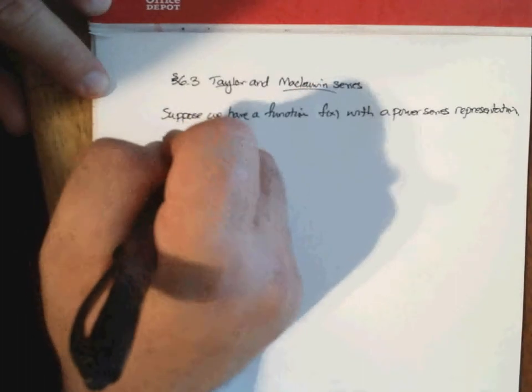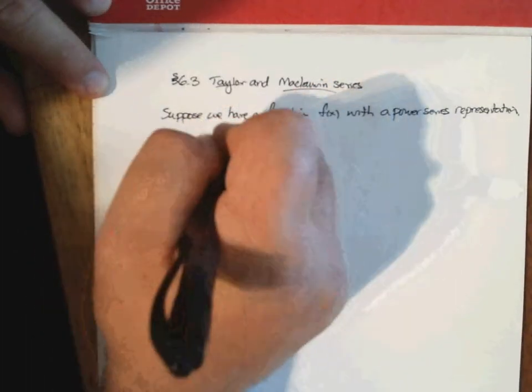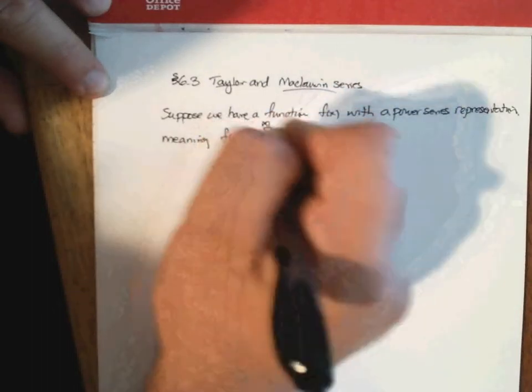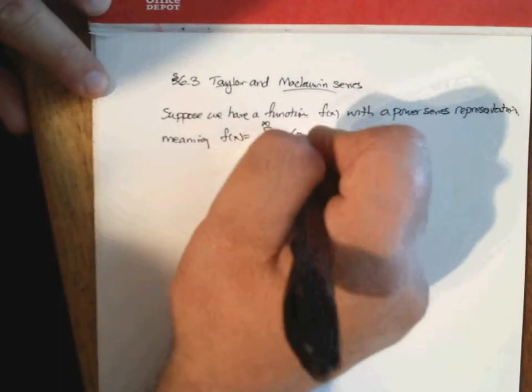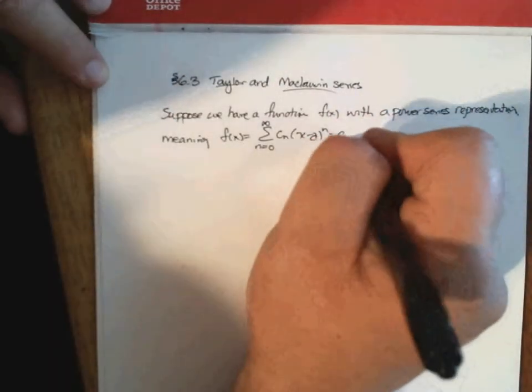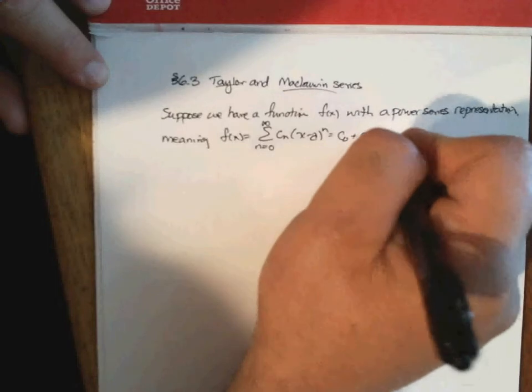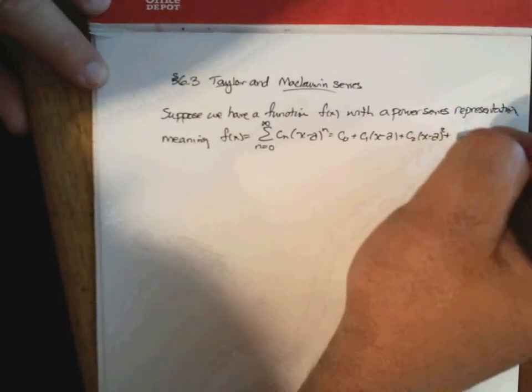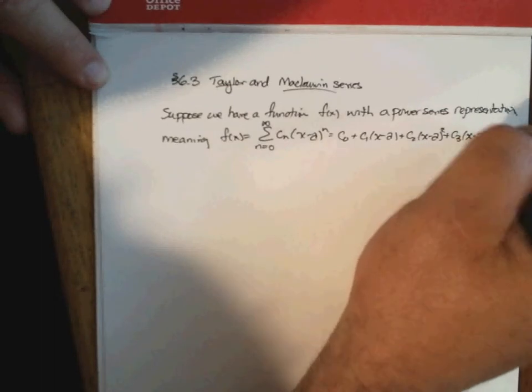Meaning f of x looks like the sum as n runs from 0 to infinity of coefficient c sub n times (x minus a) to the n. And of course, if we were to expand that out, that would be c naught plus c1 times (x minus a) plus c2 times (x minus a) squared plus c3 times (x minus a) cubed, and so on and so forth forever, right?